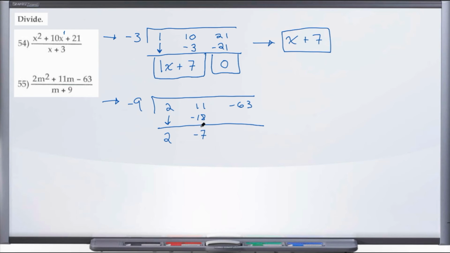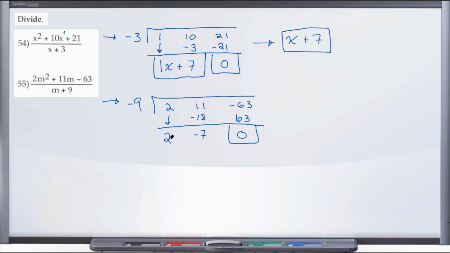Negative 9 times negative 7 is positive 63. And so negative 63 plus 63 gives us 0. And again, because there's no other numbers after this negative 63 to work with, this is going to be our remainder. So the last number in your string of numbers under the solid line is your remainder.